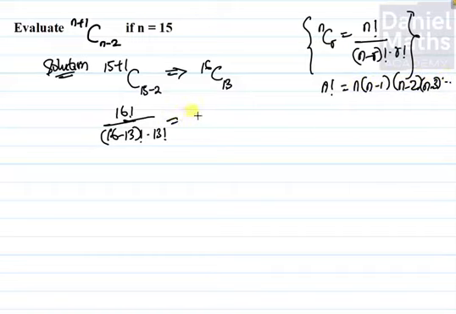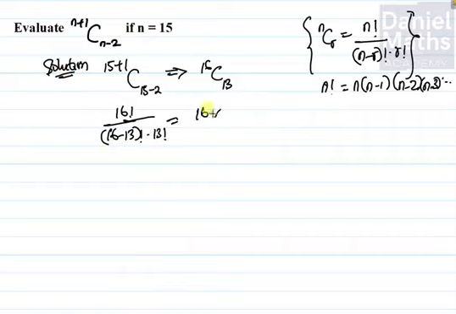So 16 factorial gives me 16 times (16 minus 1) times (16 minus 2), and so on and so forth, until I get to a point where I will need to stop at 16 minus 3, so that this can give me 13 factorial.